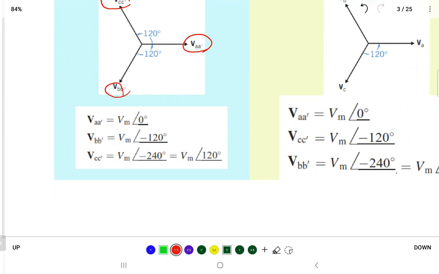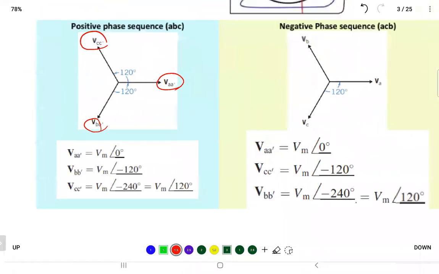So the voltage between A and A dash across the coil is equal to Vm at angle 0. The second one will be Vm at angle negative 120, and the last one Vm at angle negative 240, or positive 120. Both are the same. That's the way you represent it.